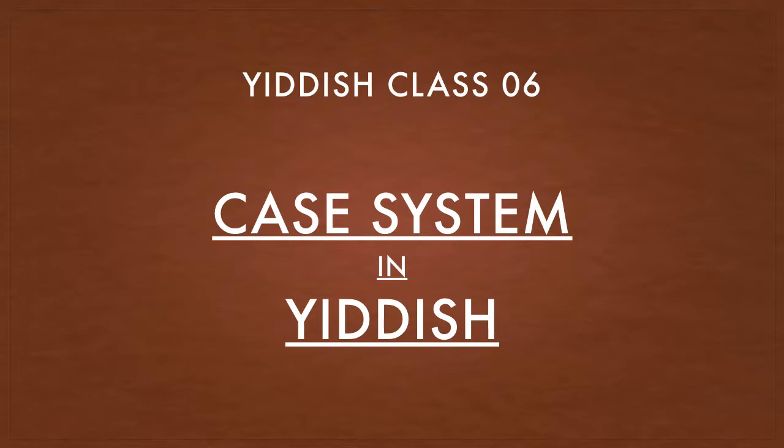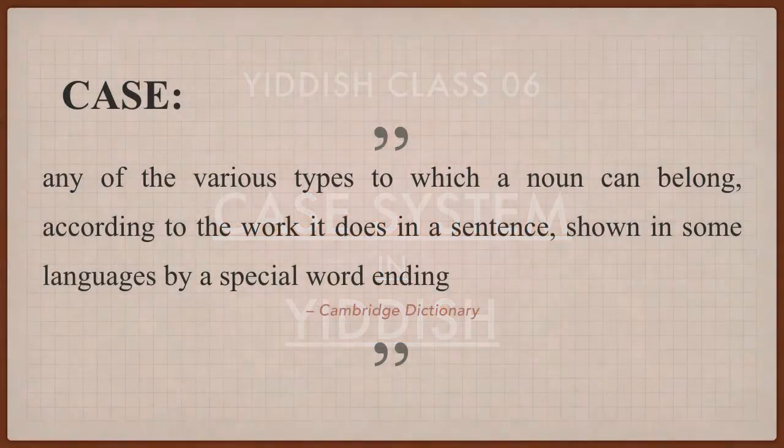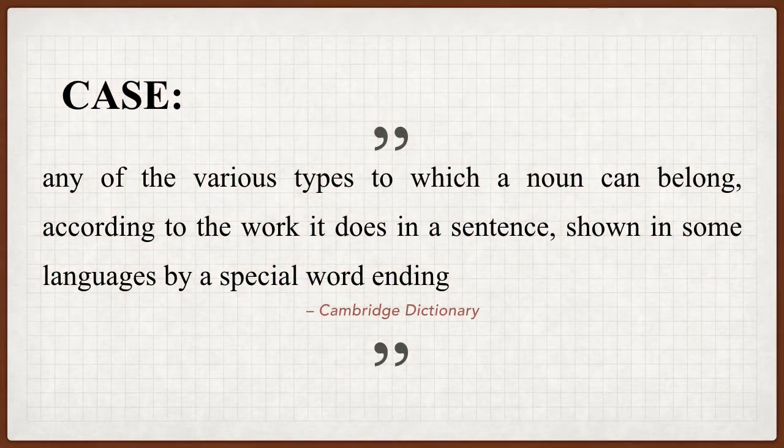So first things first, let's check the definition of grammatical case in the Cambridge Dictionary, which defines case as the following. Quote, any of the various types to which a noun can belong according to the work it does in a sentence, shown in some languages by a special word ending.